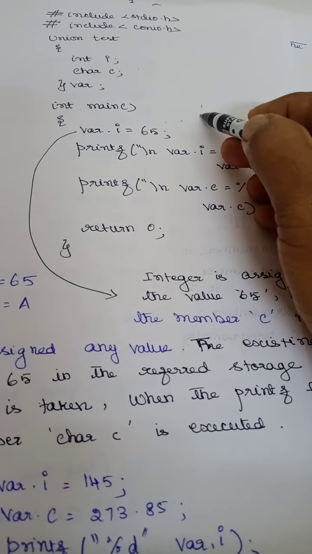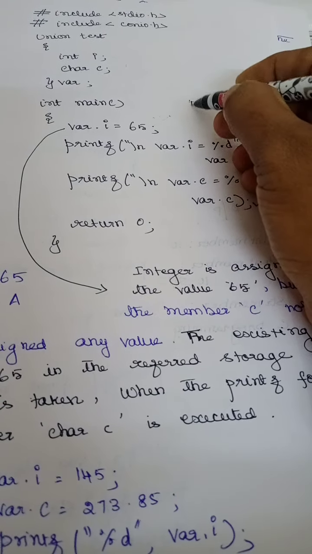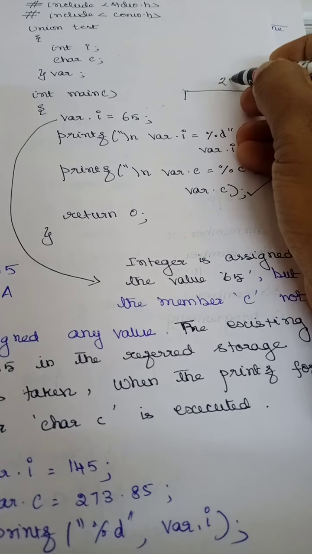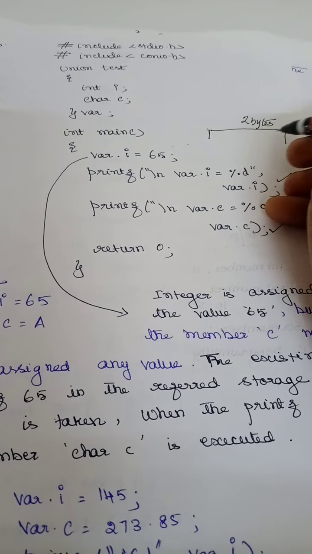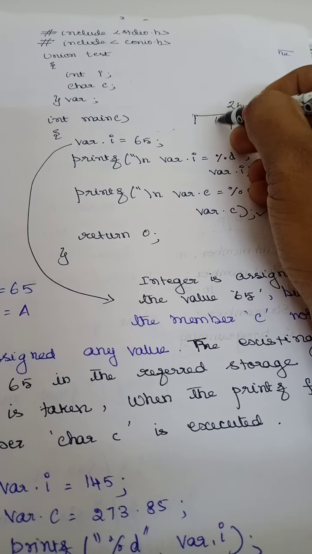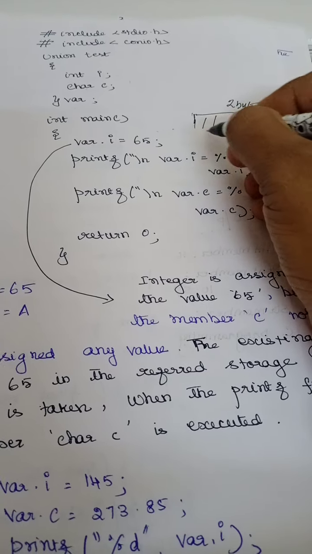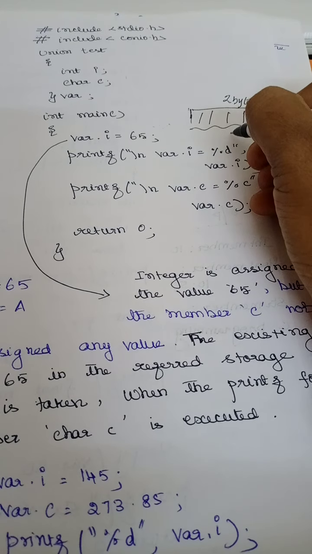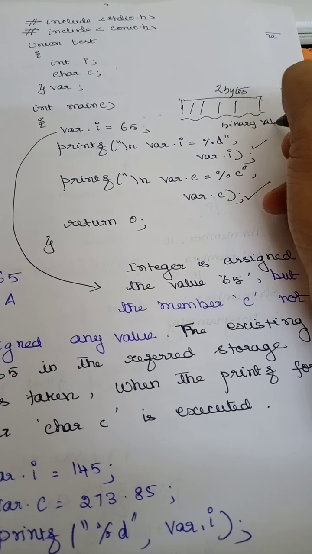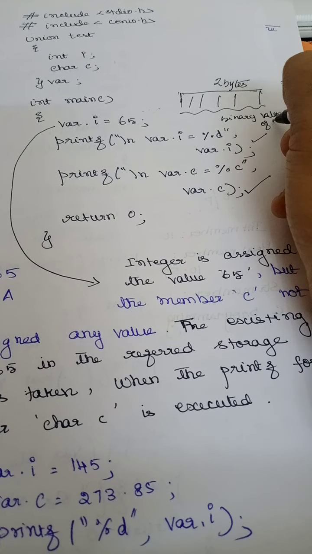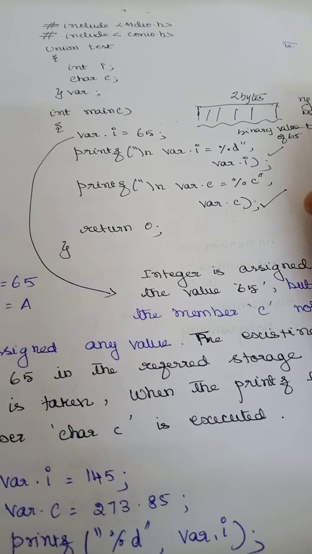Now you already know that an integer is going to occupy how many bytes? It is going to occupy 2 bytes, right? So I'll have the value of 65 here. Is that clear? So in 2 bytes I am going to have the binary value of 65, right?